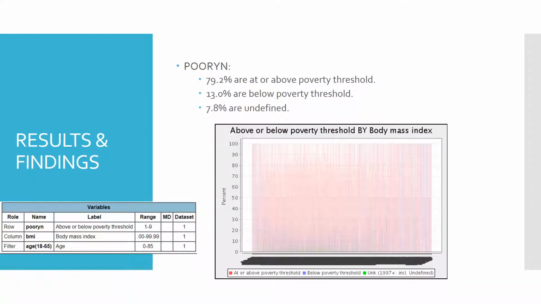PORIN. Of those above or below the poverty line compared to BMI, 79.2% are at or above poverty threshold, 13% are below the poverty threshold, and 7.8% are undefined.